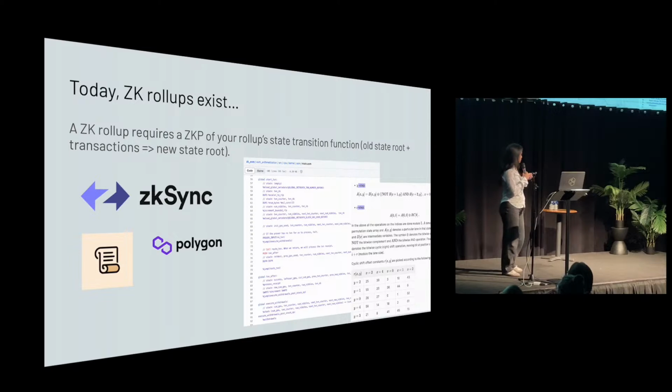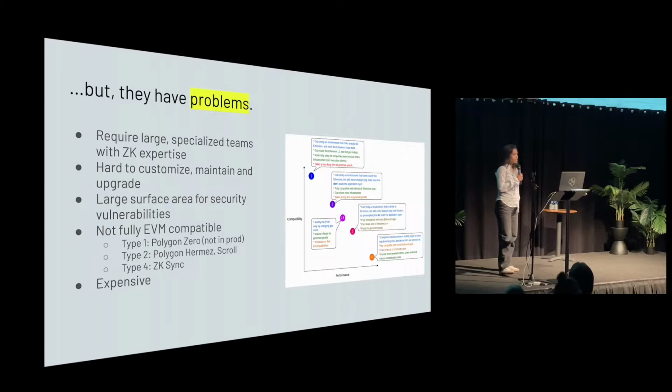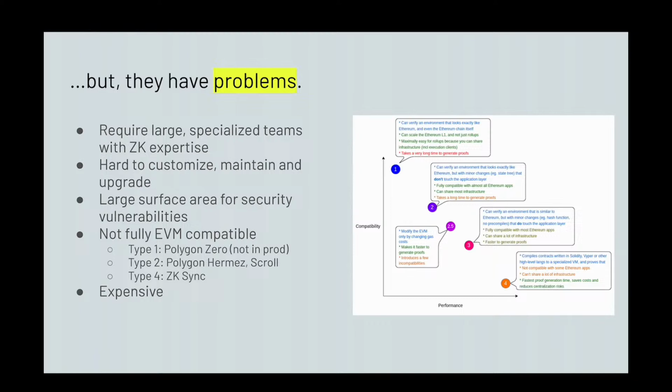It's not super easy to see, but you can see that people have to write circuits, they have to write their own custom assembly, they have their own DSLs. It's all very complicated. And in particular, there's a lot of issues with the current approach of ZK rollups. Today, all the ZK rollup teams have very large, specialized teams with ZK expertise and cryptographers that have to make these state transition functions.